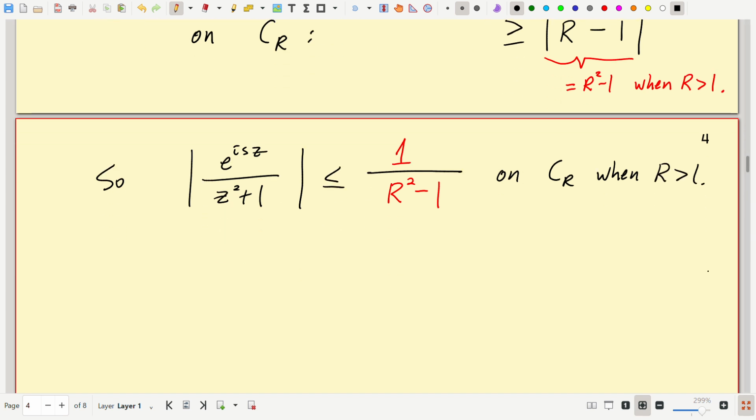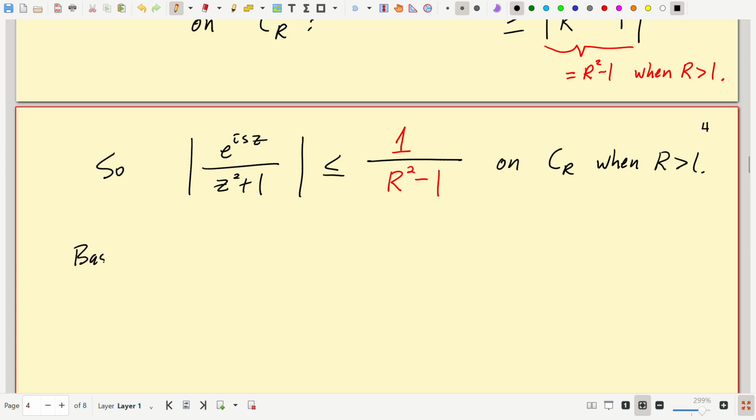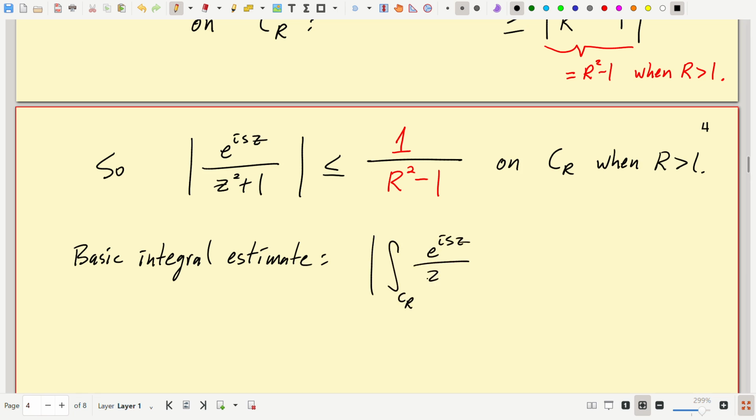So in particular, using the basic integral estimate, which is going to be used daily now, the basic integral estimate will tell me that the integral around C sub r of e to the i s z over z squared plus 1 dz is less than or equal to the max of that function on C sub r times the length of that curve.